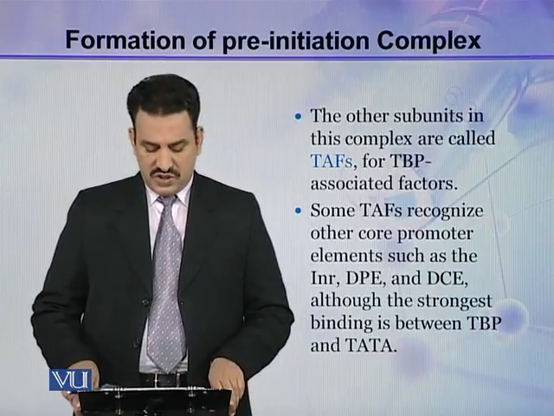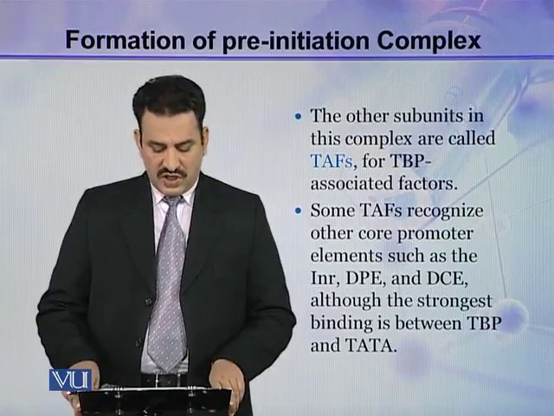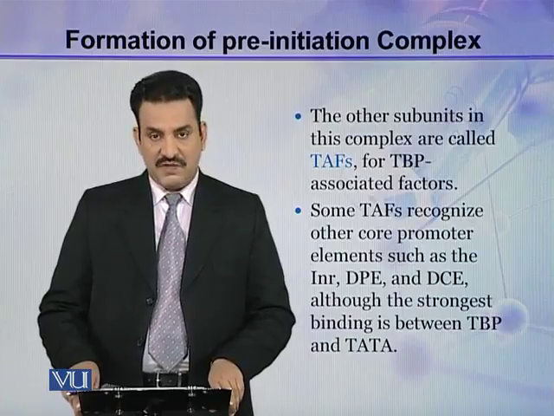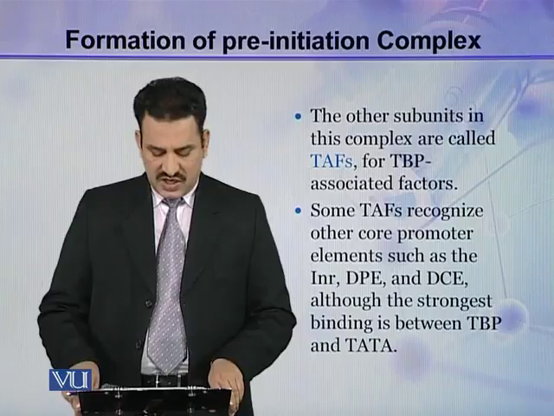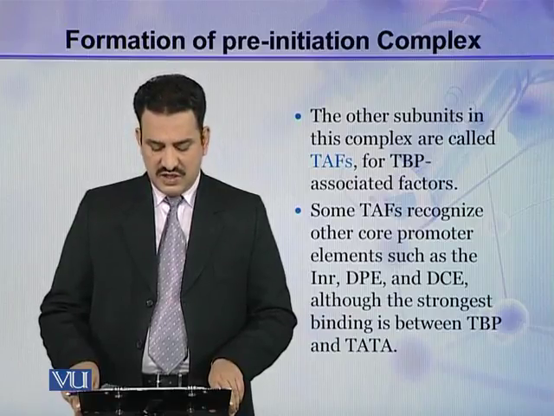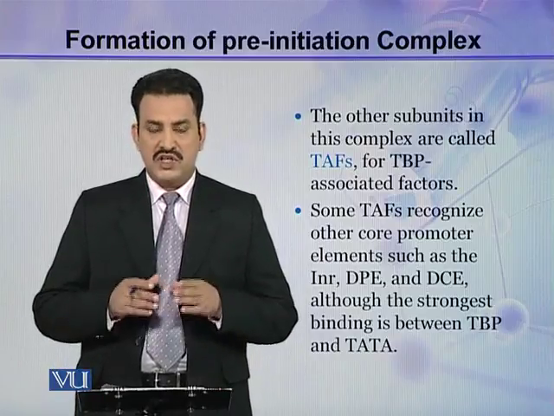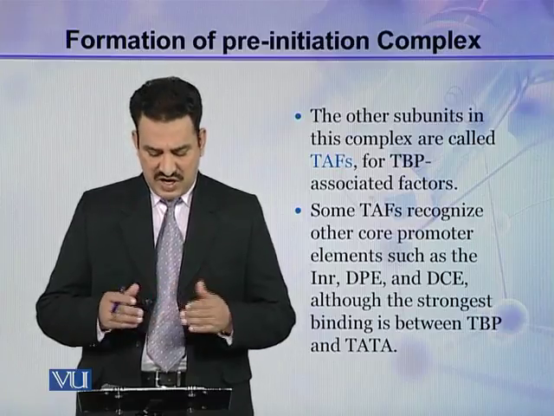The other subunits in this complex are TAFs, for TBP associated factors. Some TAFs recognize other core promoter elements such as initiator, INR, DPE and DCE, although the strongest binding is between TBP and the TATA, that is, TATA binding protein and TATA.